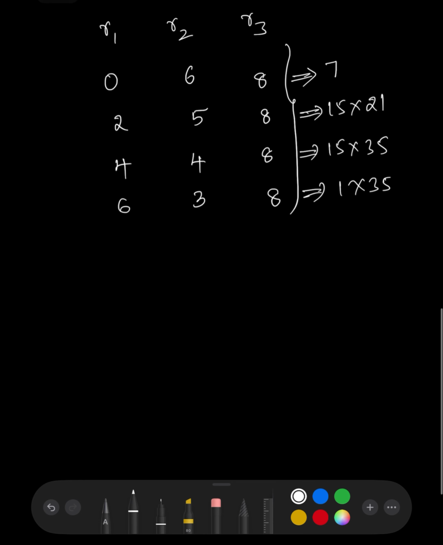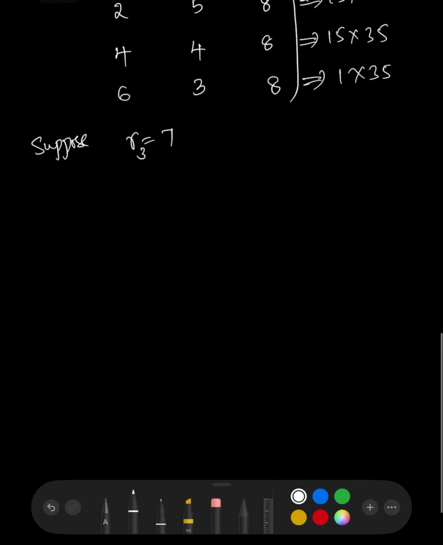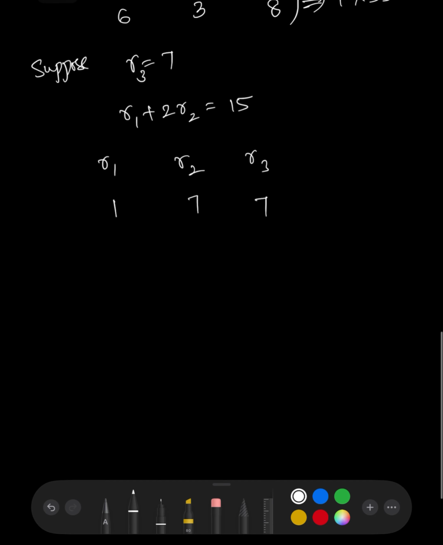Now that is case 1. Move on to case 2. Suppose r3 equal to 7, then r1 + 2r2 is 36 minus 21, so it will be 15. Now, r3 is 7, so r1 value you have to consider odd only, because of 2r2: 1, 3, 5.